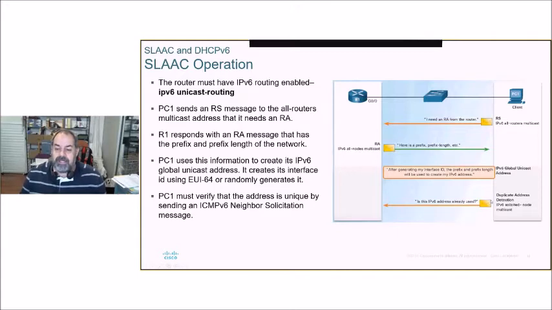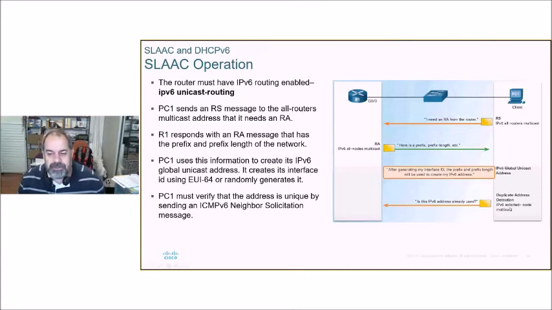From there, it will send out what's called a DAD message, or duplicate address detection, on a neighbor solicitation packet. It will say, hey, I've picked this address, is anyone else using it? As long as no one else is using it, it's all set, ready to roll.